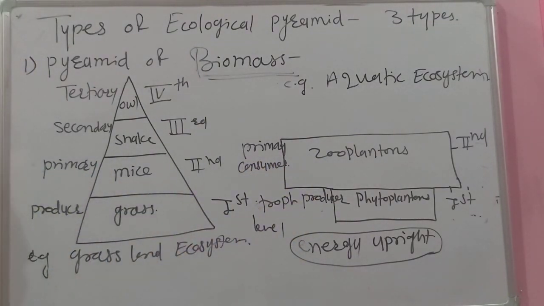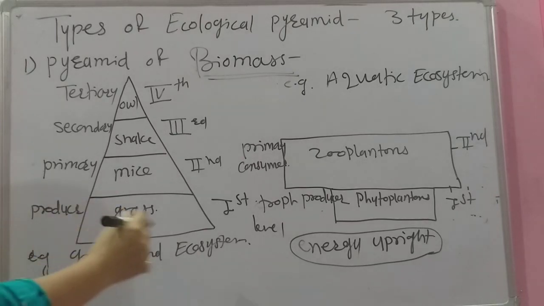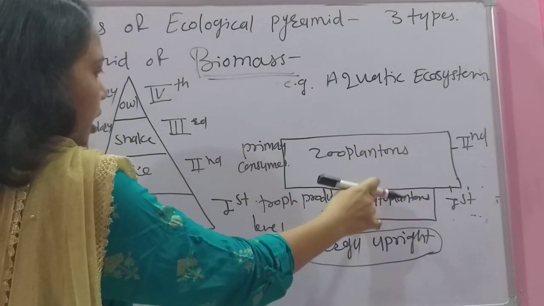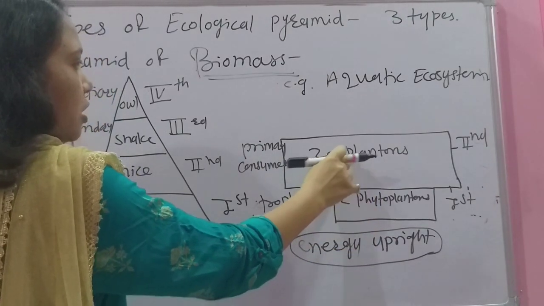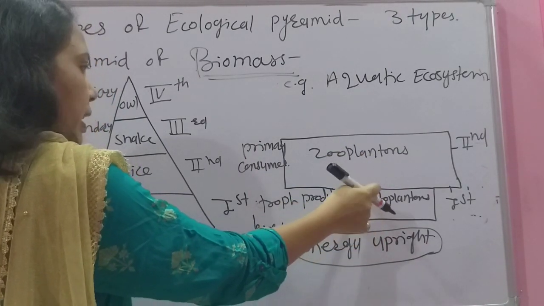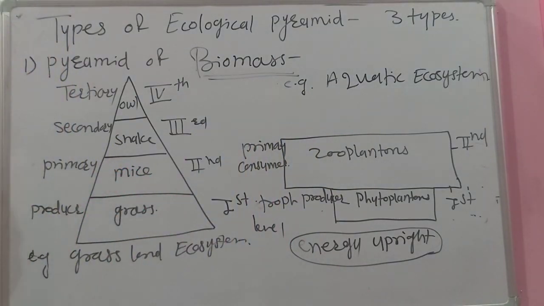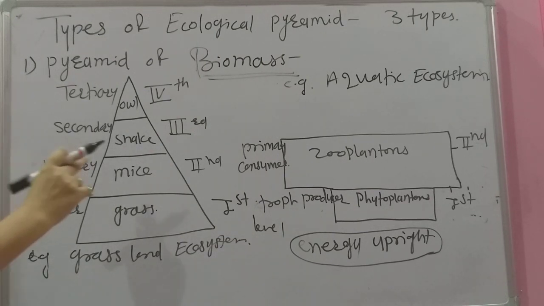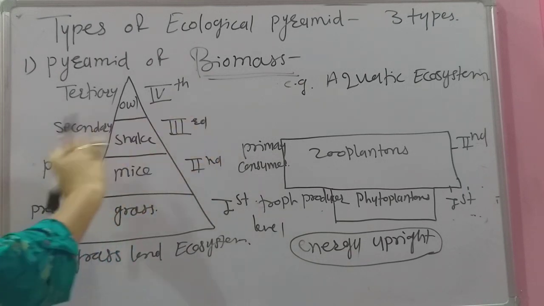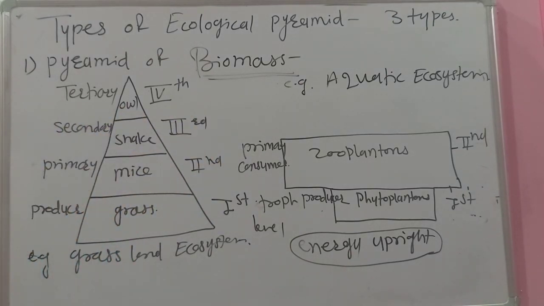Then the second is the inverted pyramid. In this inverted pyramid, the energy is also upright because the zooplankton depends on the phytoplankton, which means the zooplankton eat the phytoplankton, and the energy is transferred from one trophic level to another trophic level. So the biomass is different in the two pyramids.